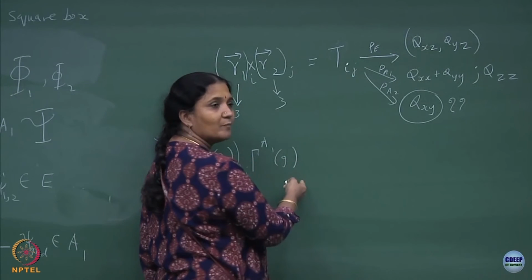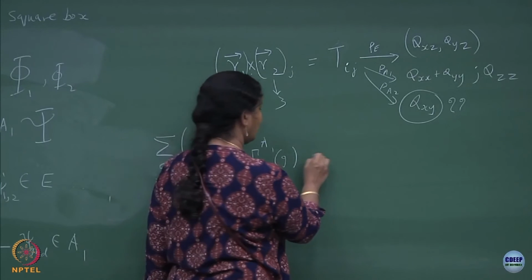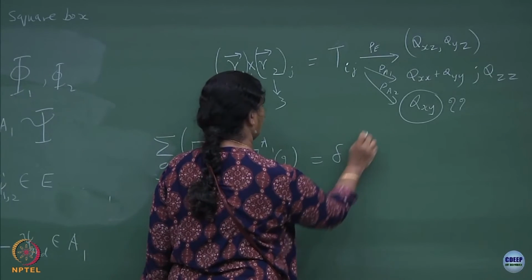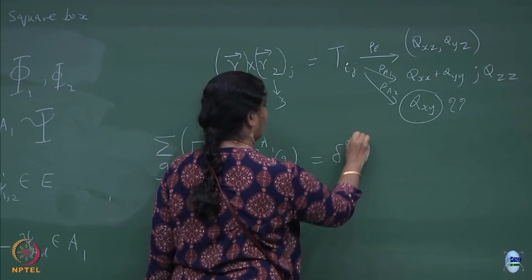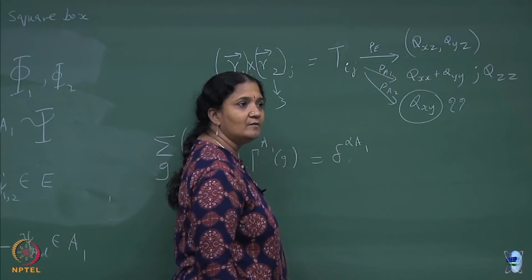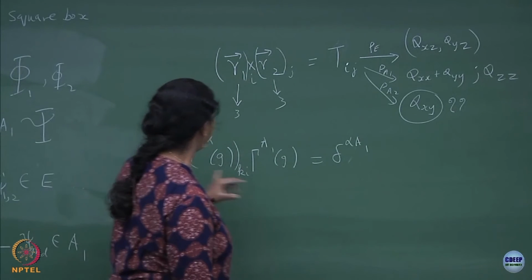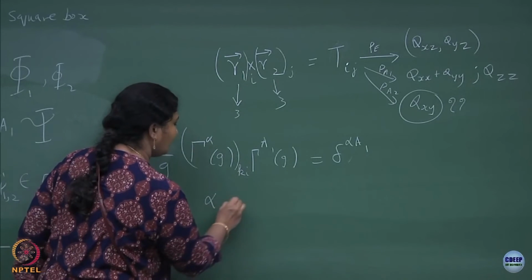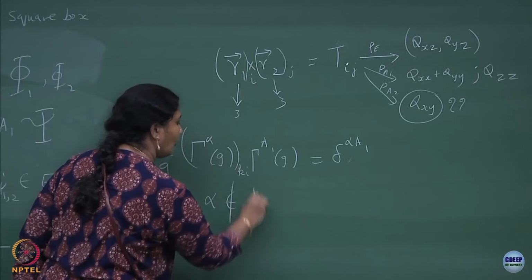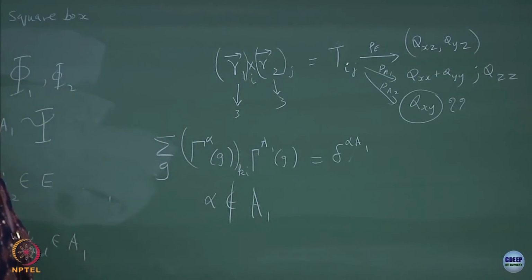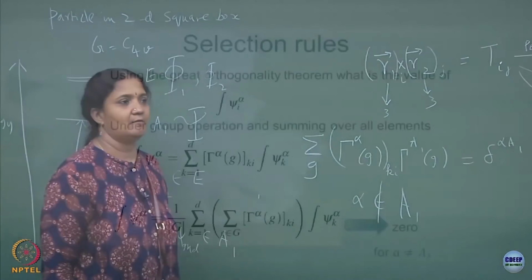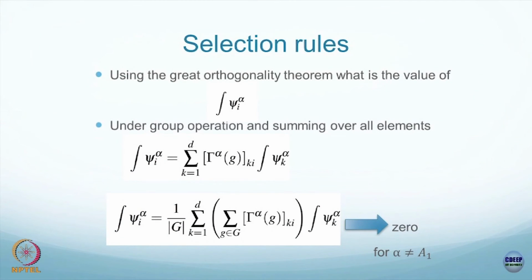This is anyway a 1 by 1 matrix. You can show that this is going to be delta alpha A1, right. So, which means alpha, if it is not belonging to A1, it is always 0.